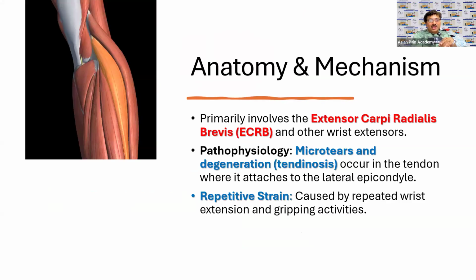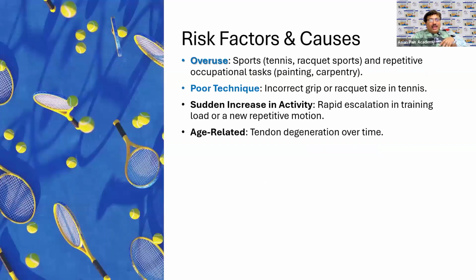Pathophysiology includes the microtears, which are involved because of the repeated injury to this tendon and associated with the degeneration of the tendon, and it occurs at the place where it attaches close to the lateral epicondyle, and repetitive strain is usually the cause, and also it can be caused as part of the overuse syndrome because of the sports and repetitive occupational tasks.